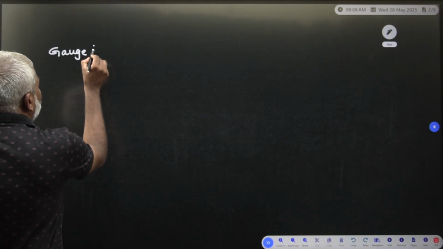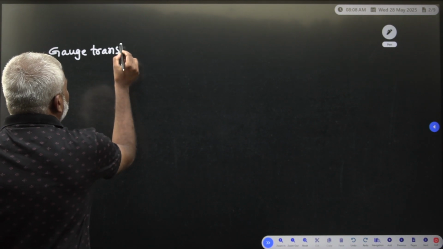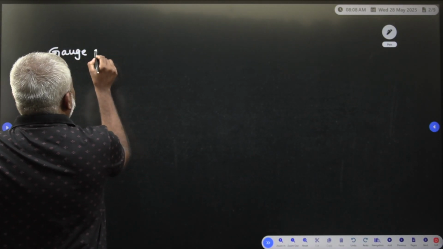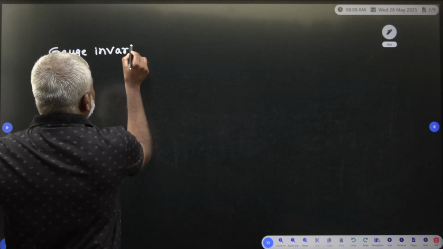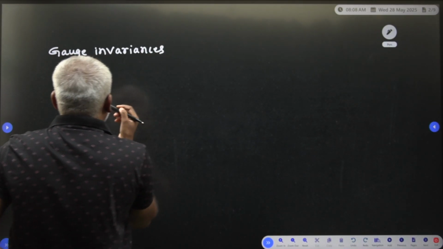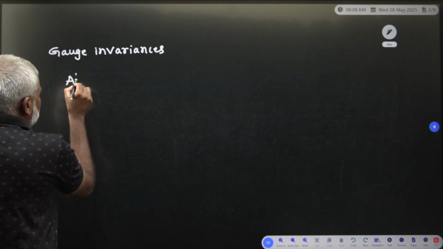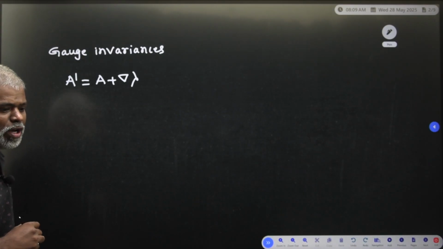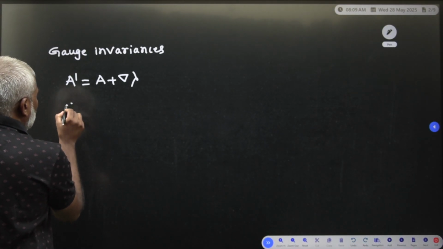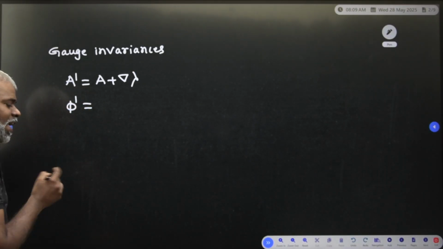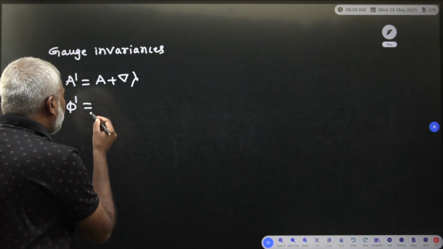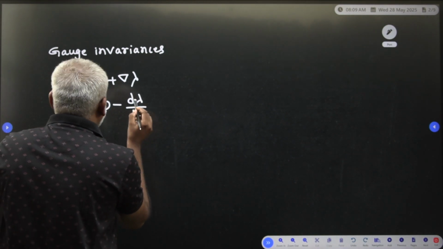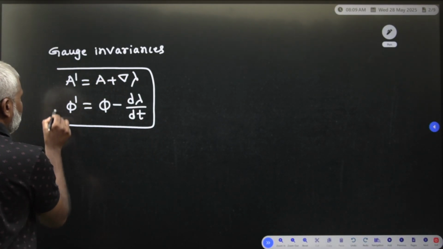They are: A dash is equal to A plus gradient of lambda, and phi dash is equal to phi minus d lambda by dt, where phi is the scalar potential. These are the gauge transformations.